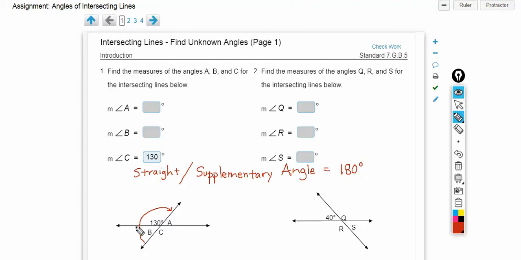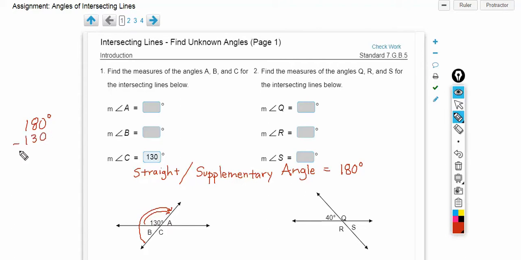So this whole entire circle is 180 degrees, and we know part of that circle, from here to here, is 130.